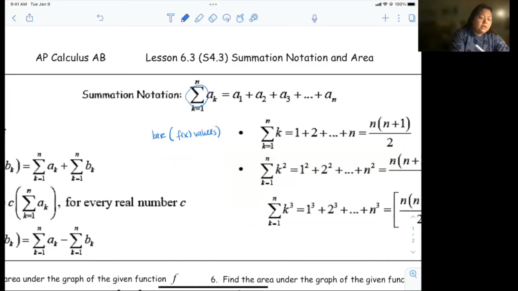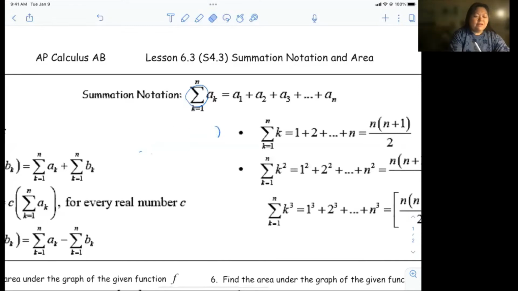So if we were to say sigma, k equals 1, and then however many rectangles we're going to make, we're plugging these values in so we get all the different heights of our rectangles, then add them all up and multiply by the base, and we will get the area under the curve. So summation notation is just a very quick way of saying exactly what we were saying before, but now with a little bit more flair.